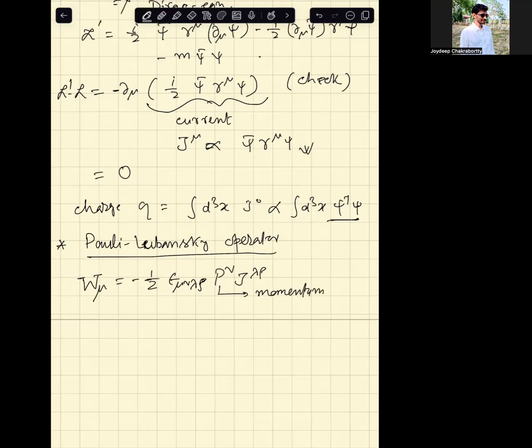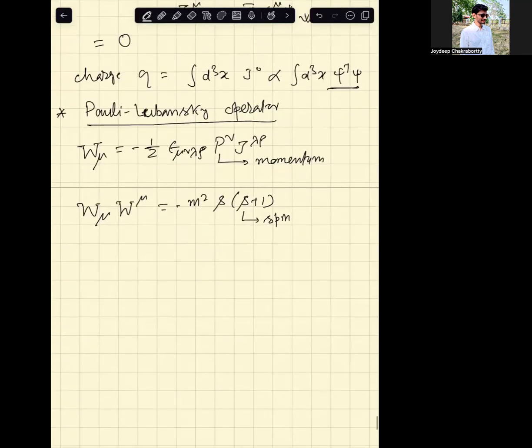And this is the S mu nu. If you calculate this W mu squared, you get the eigenvalue S(S+1). So this S is the spin. From the Lorentz transformation, we can define this Casimir operator, which contains the information about the spin.